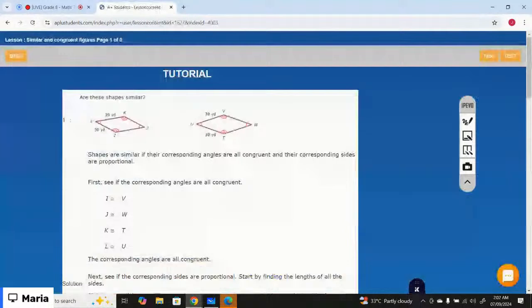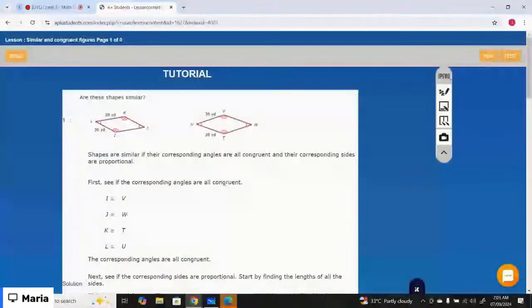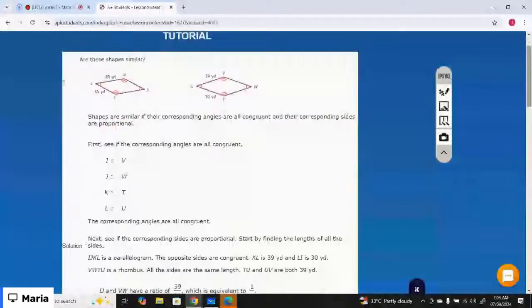Okay, so let's start with the first example. Are these shapes similar? You are given two shapes, and you have to see if they are similar. The shapes are similar if their corresponding angles are congruent and the corresponding sides are proportional. So you have to see the corresponding angles and corresponding sides.